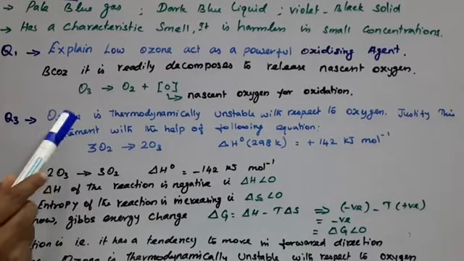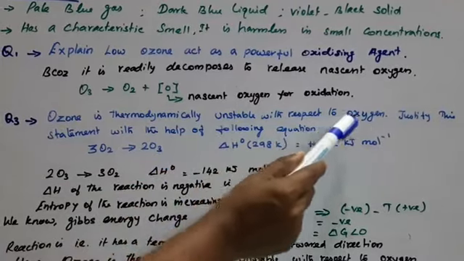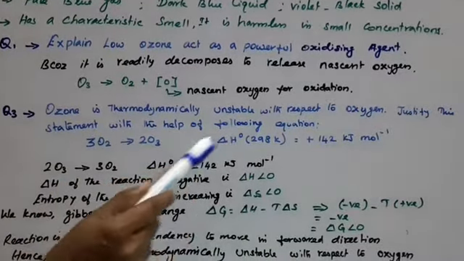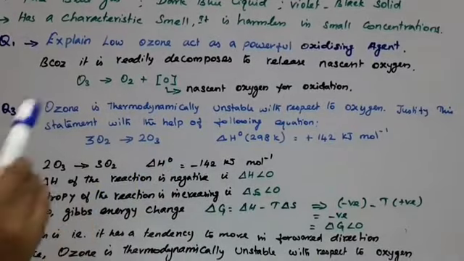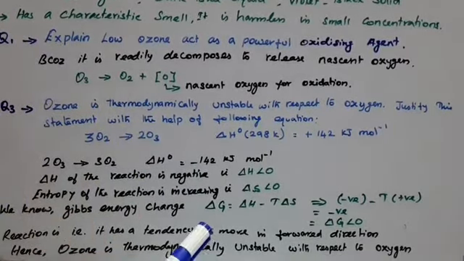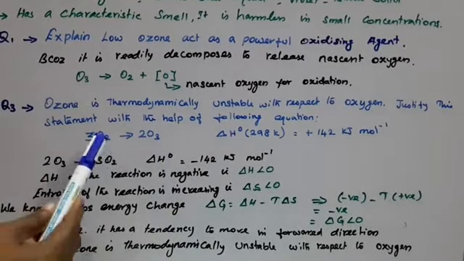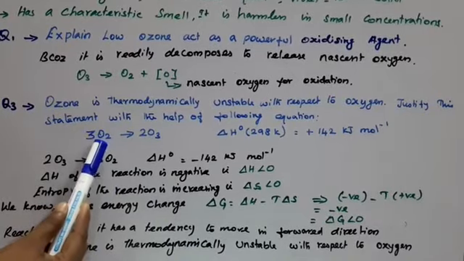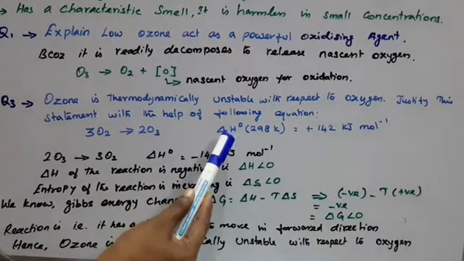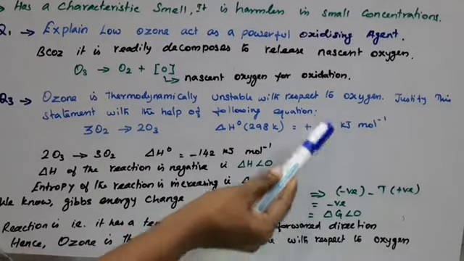Another question: ozone is thermodynamically unstable with respect to oxygen. Justify this statement with the help of the following equations. Oxygen gives ozone, and ozone is converted to give oxygen. When oxygen is converted to ozone, the enthalpy change is positive, that is, endothermic in nature.